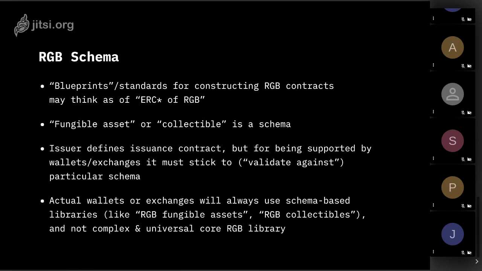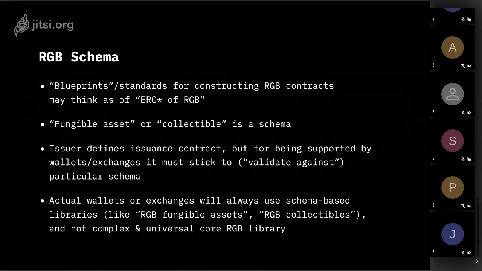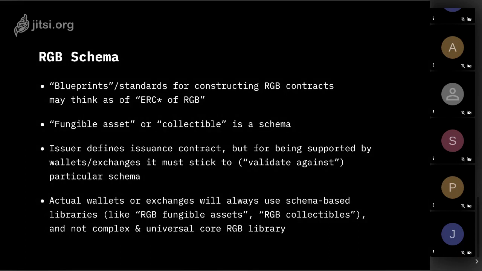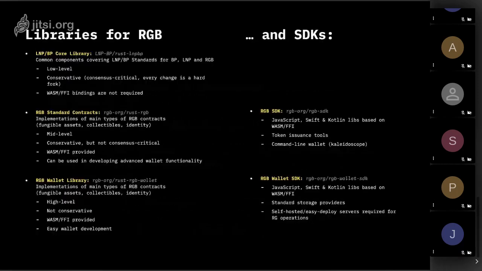So instead of working with RGB state, which can be quite generic and not even related to assets, amounts, and so on, they will be working with assets, a particular form of RGB state defined by the RGB schema. That's the way we are planning to help wallet developers with integrating this quite complex client-validated thing.